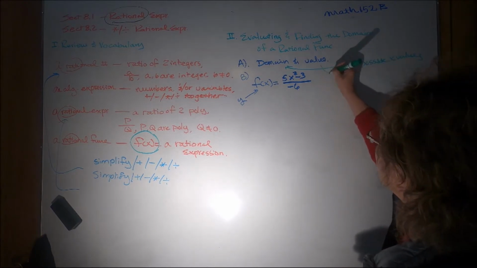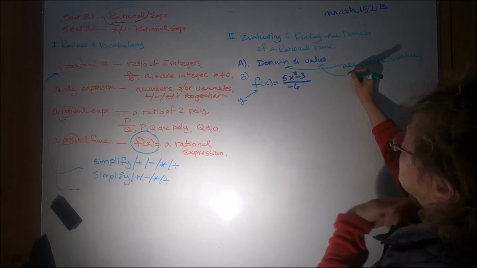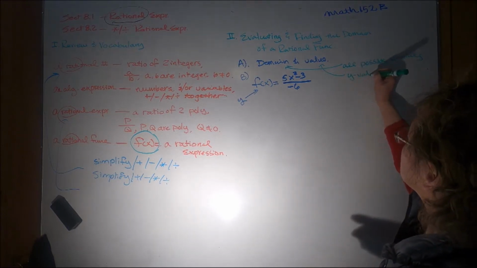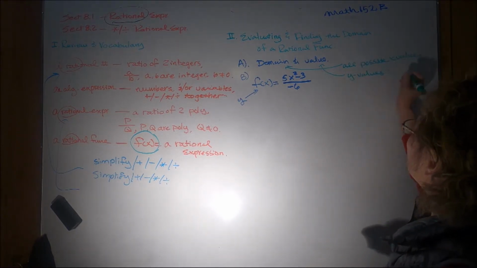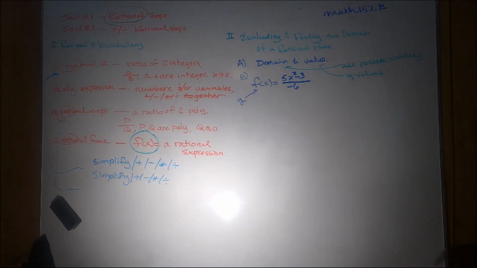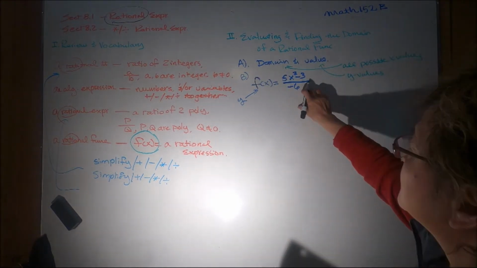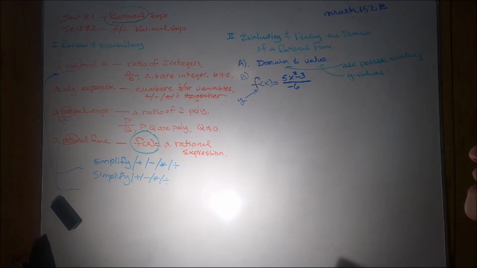Then your value is your range, meaning all possible y values. So let's review the notation again. We write it this way, f of x, right? Whatever x is, you get your y.